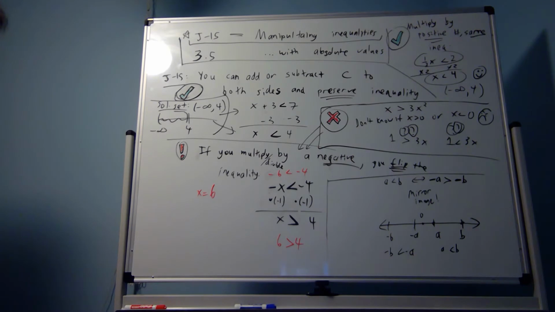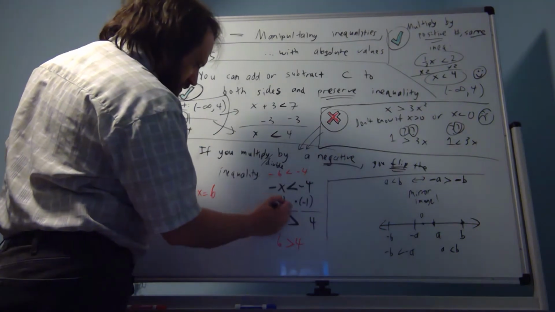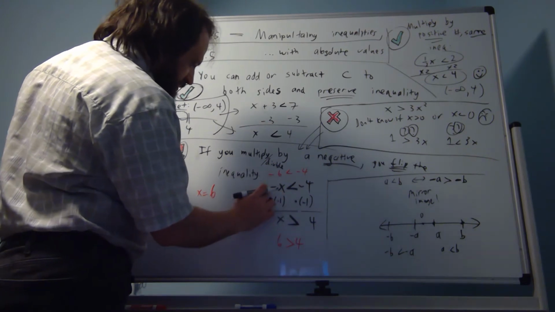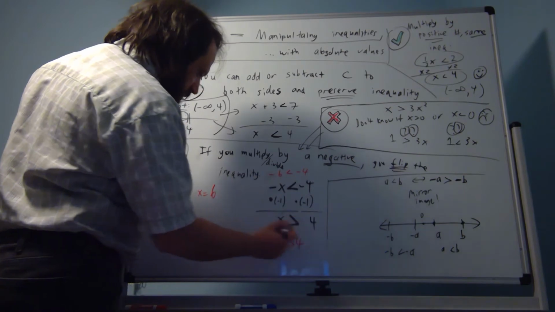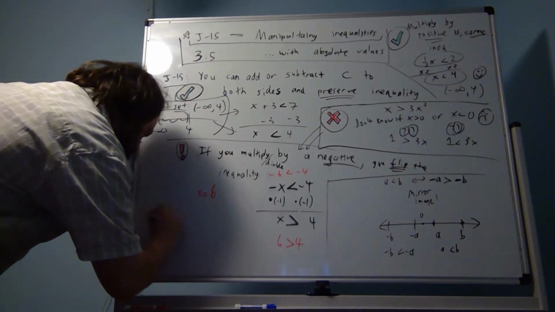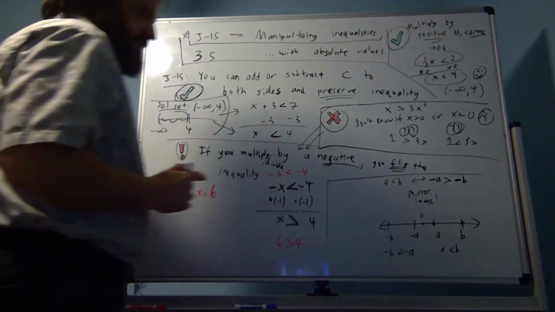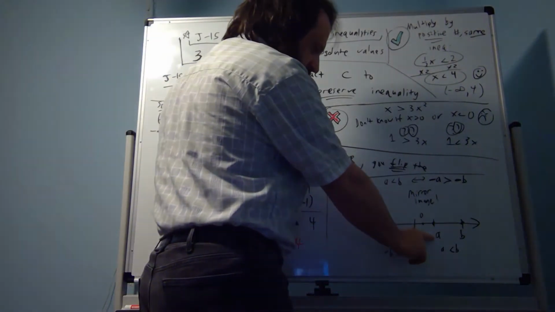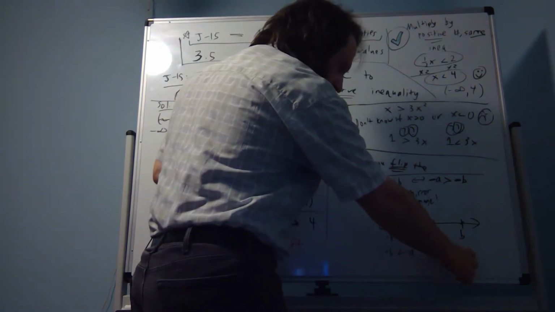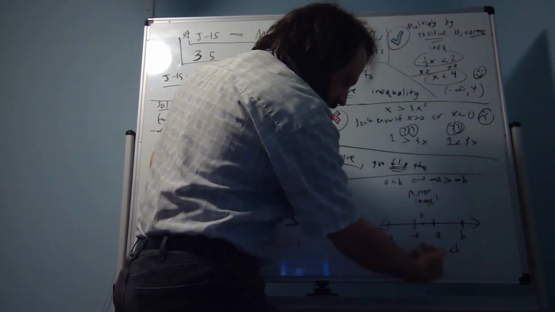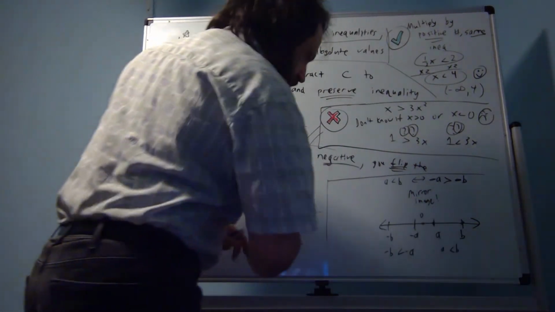But if you just wanted to multiply by -1, well, the reason that you get the same answer is because you have to remember to flip the inequality. Let's draw a picture. You have two numbers a and b, such as if a is 1 and b is 4. If 1 is less than 4, then that's the same thing as -4 being less than -1.